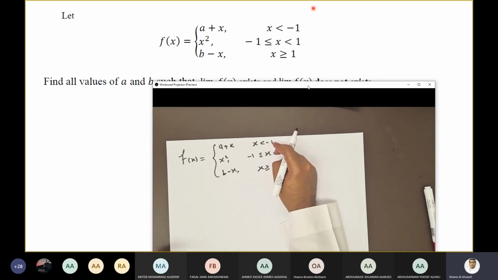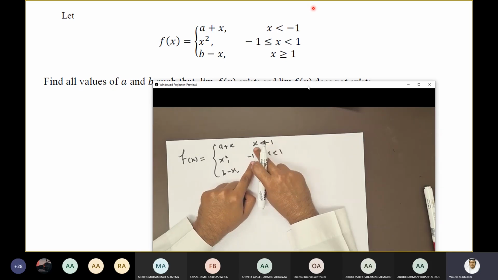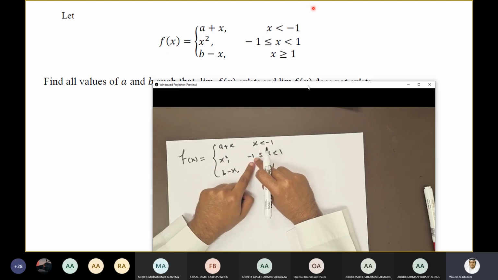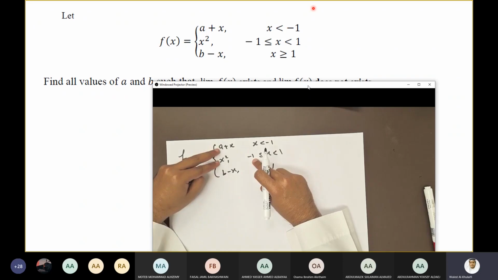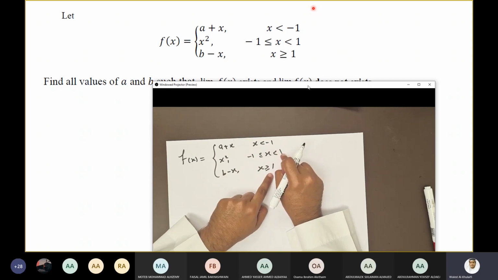Then the things that possibly will make the function not continuous are these, where the definition of the function changes. When x comes to -1 from the left, it has this definition. When x comes to -1 from the right, it has this definition. So I have two different definitions, and the function may not be continuous at -1, and similarly for 1.